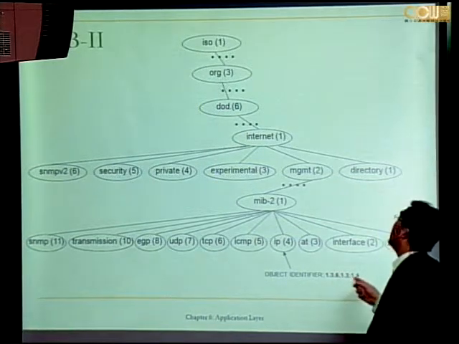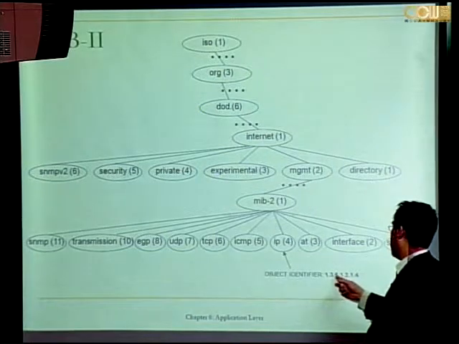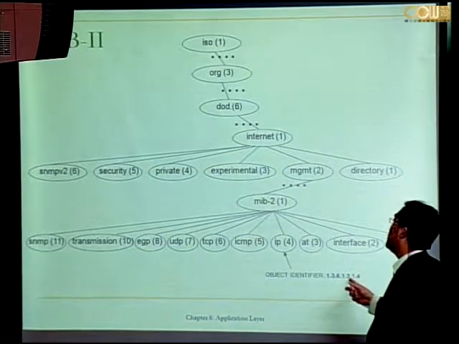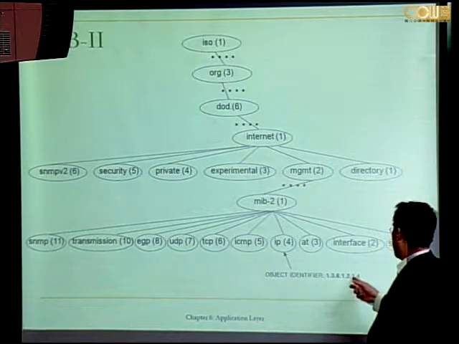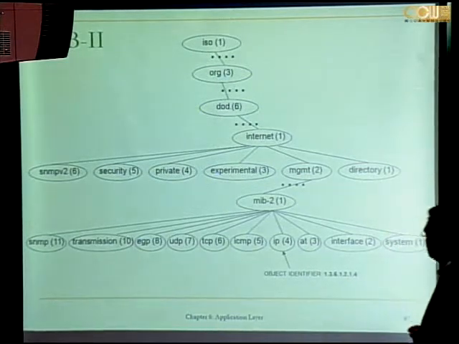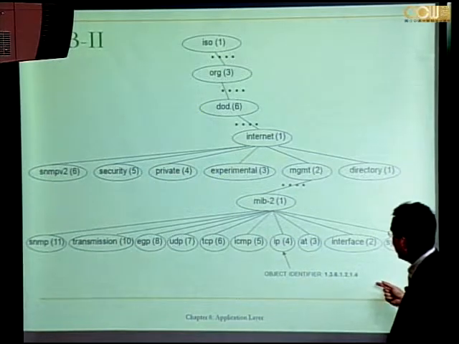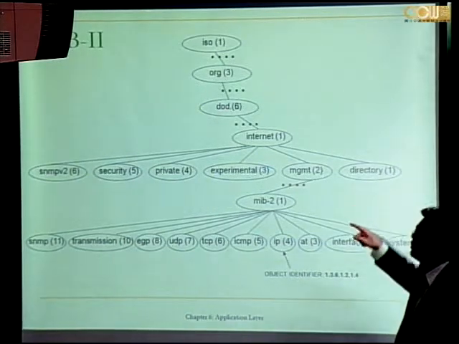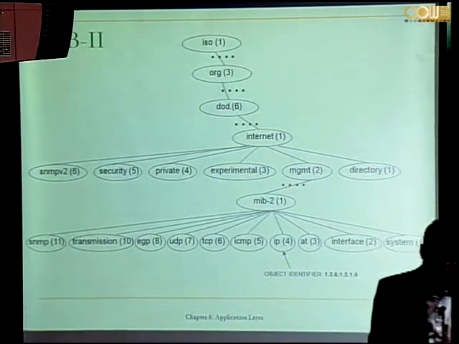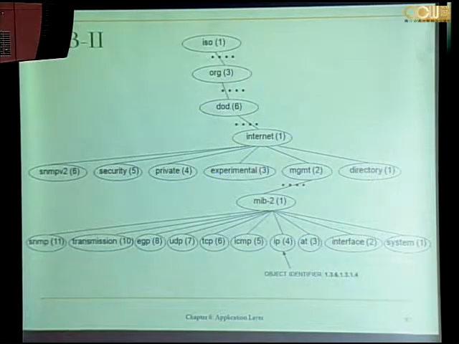That'll be this, 1.3.6.1.2.1.4. Okay, so with this kind of representation, the object identifier, you can traverse a MIB tree and then pinpoint which object you want to retrieve or set. Okay, so that's the MIB2.